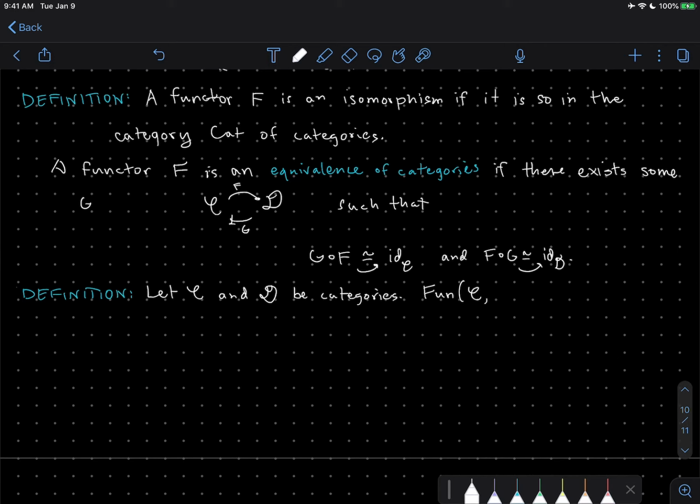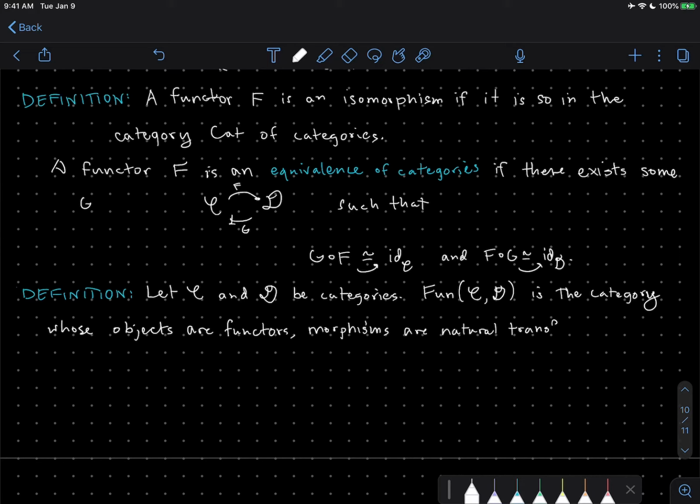The functor category from C to D is the category whose objects are functors, morphisms are natural transformations, and composition is vertical composition.